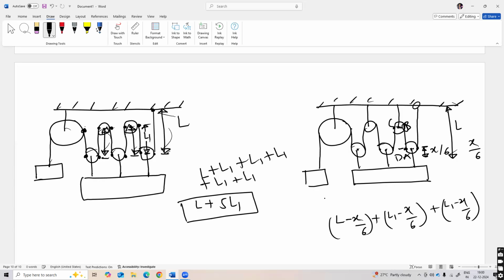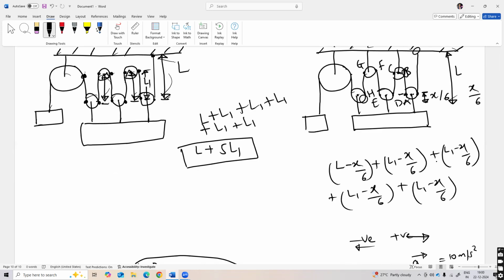Similarly, let's say this point is E, this point is F, so from E to F is also L1 minus x upon 6. Then, let's say this is G and this is point H, then this is L1 minus x upon 6. And last, let's say this is I and this is J. So the distance from I to J is also L1 minus x upon 6.